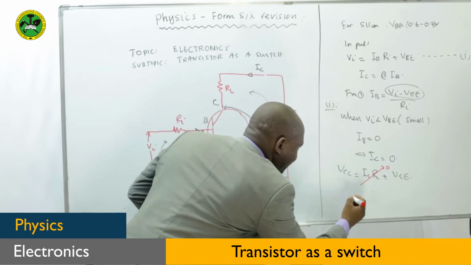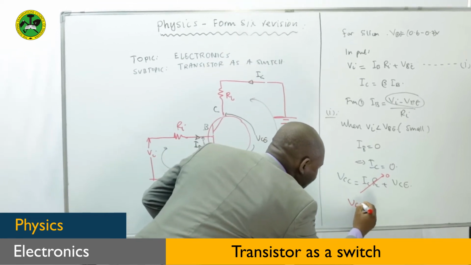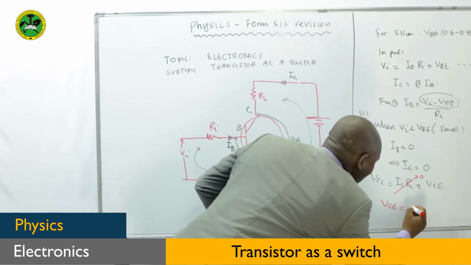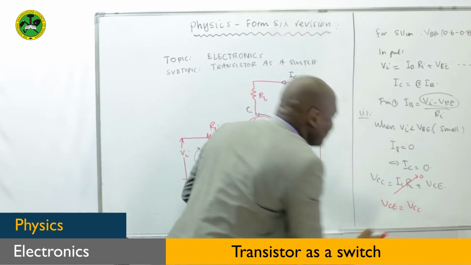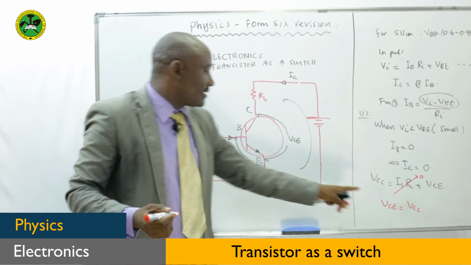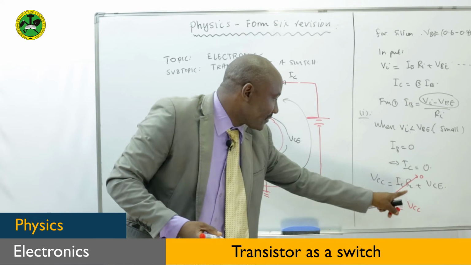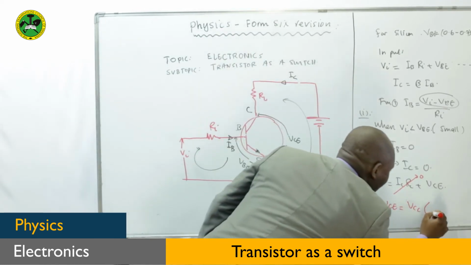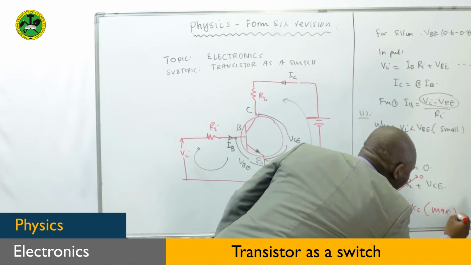As a result, the VCE, which we take as the output here, equals the maximum, the supply voltage. That means the VCE, the output, is approaching the supply voltage. We say this is the maximum voltage.